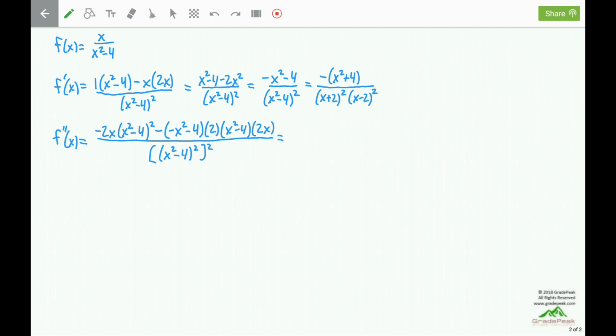In the numerator, we'll leave the first term alone, negative 2x, and then x squared minus 4 squared. For the second term, we can collect the constants together. There's a 2, and out front there's an implied negative 1. 2 times 2 is 4, times that negative 1 will be a negative 4. Everything's multiplied here, so we can multiply in any order. Negative 4. There is an x.